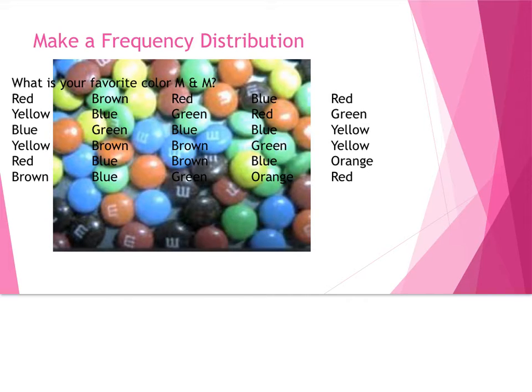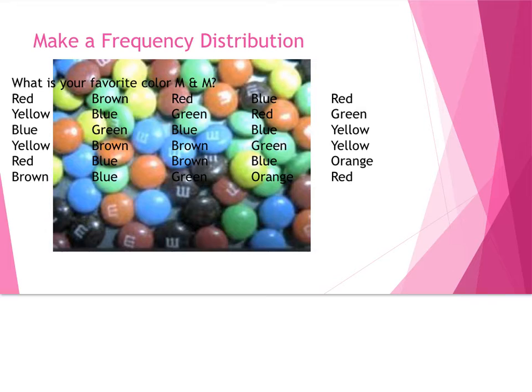So, when you have nominal data, it is customary to put it in order of most popular response first, and then you stair step down. So most popular, then your second most popular, then your third most popular, and so on.